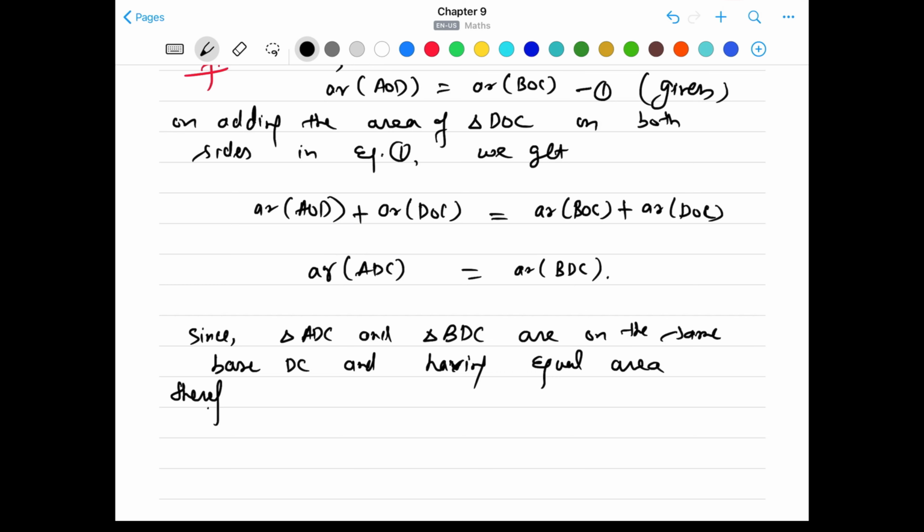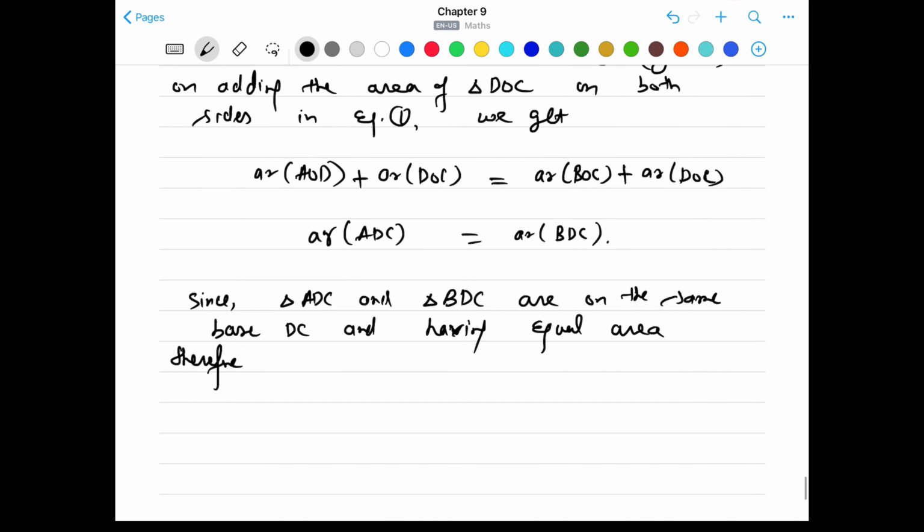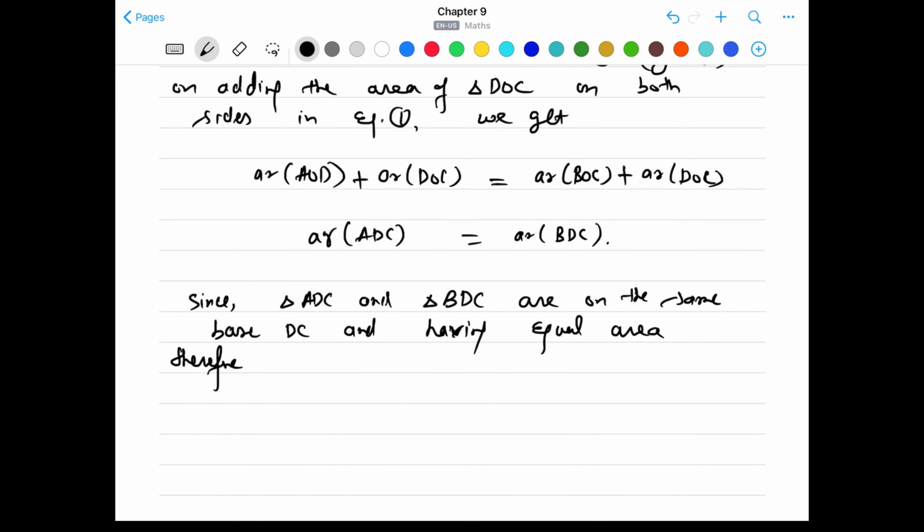therefore they must be lying between the same parallels.